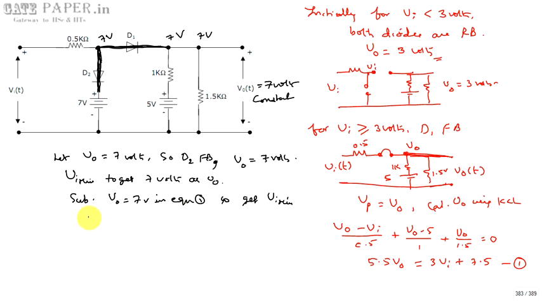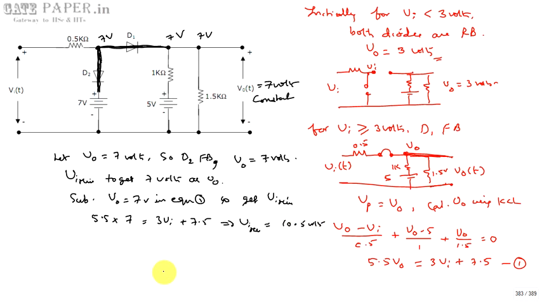So from this, 5.5 times 7 is equal to 3 Vi plus 7.5. You can get Vi minimum as 10.5 volts.